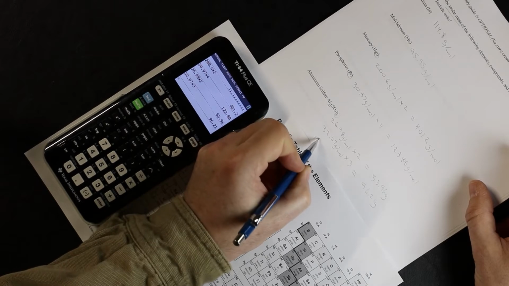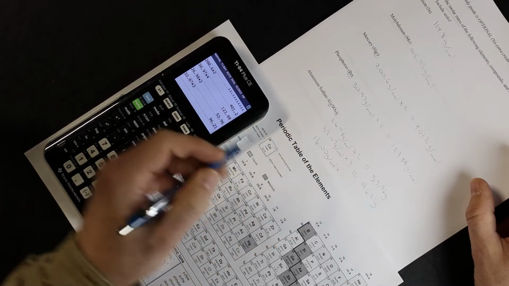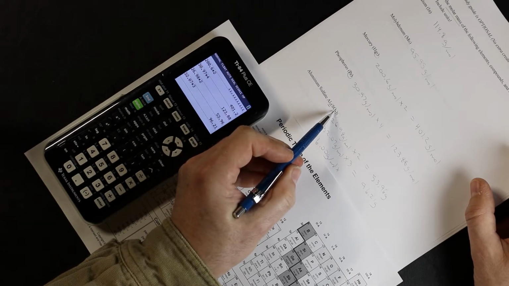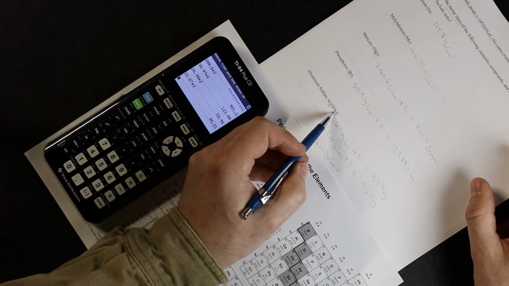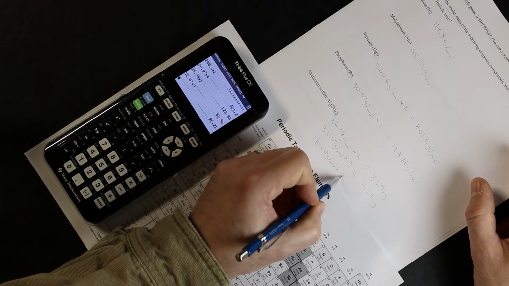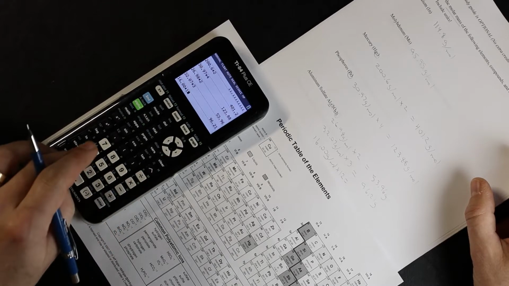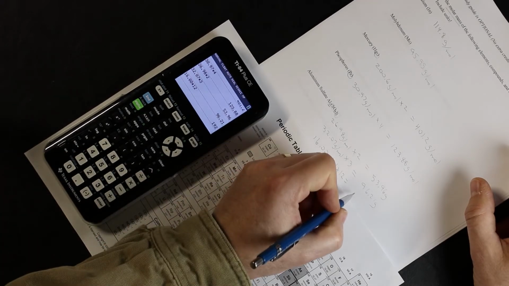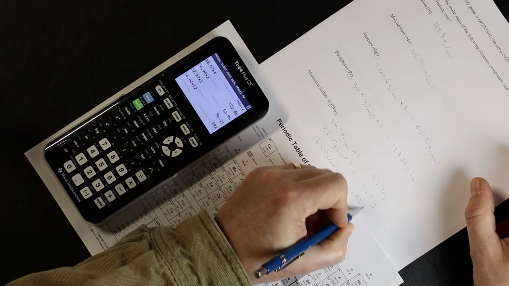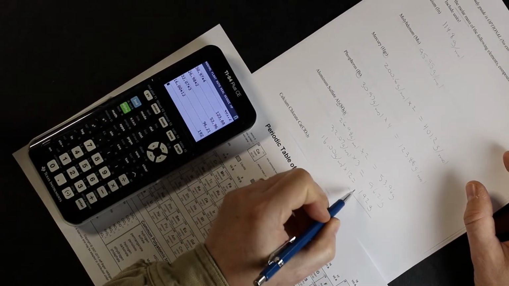And then I have oxygen. Oxygen here is 16 grams per mole. And here I have 3 times 4, right? Because there's 4 for each of these sulfates, and I have 3 of those, so that's 12. Right, so 16 times 12 is 192 grams. All right, so my aluminum sulfate will be the sum of all those.